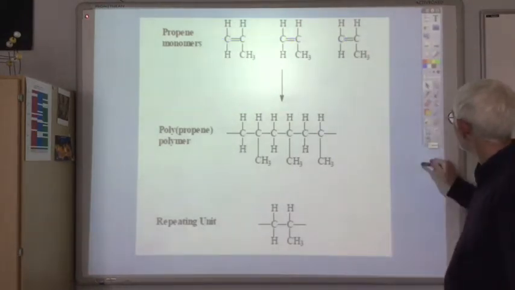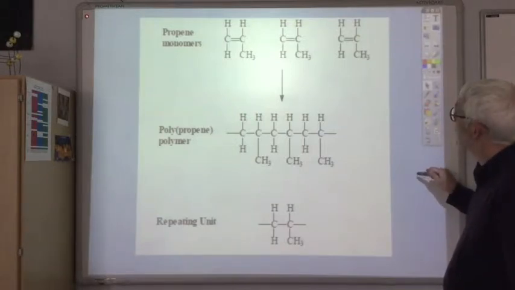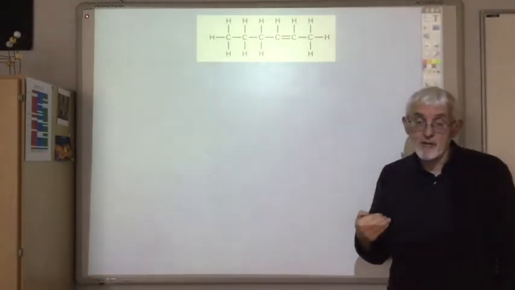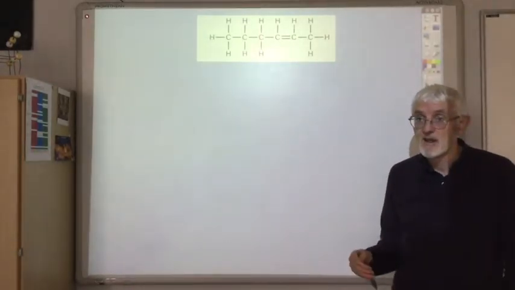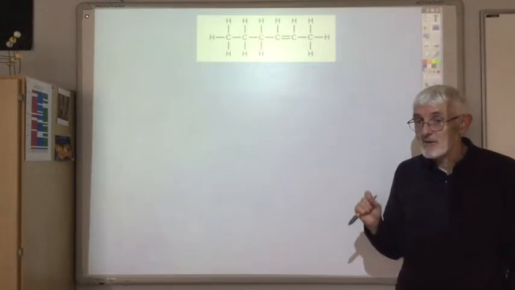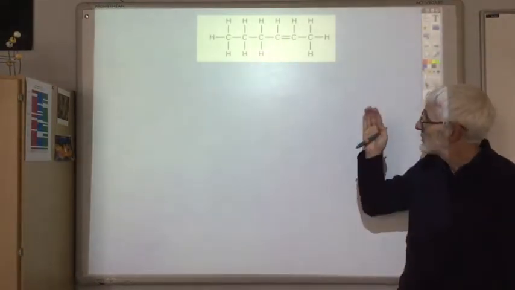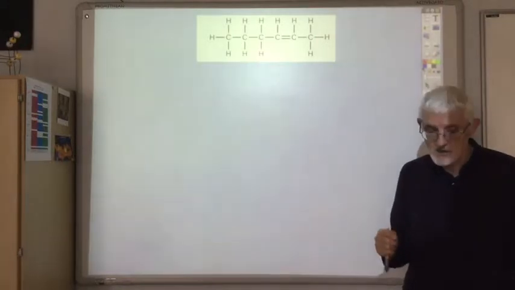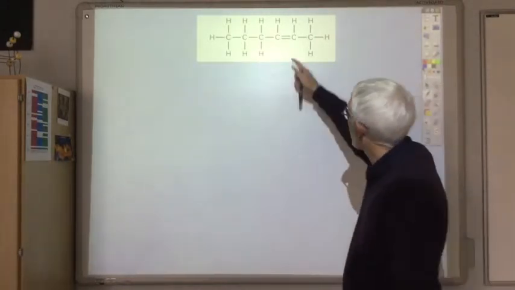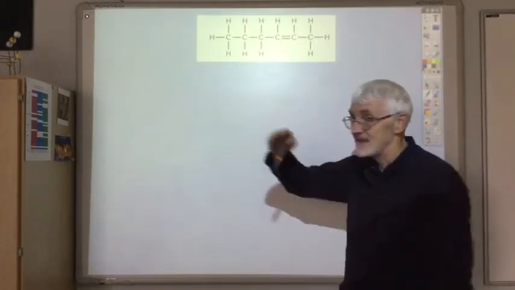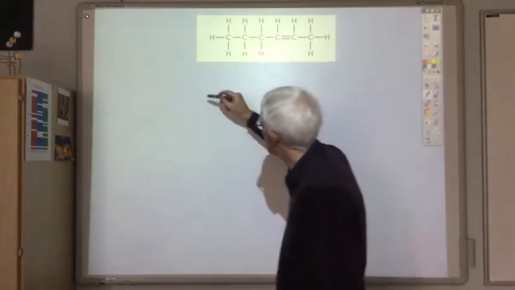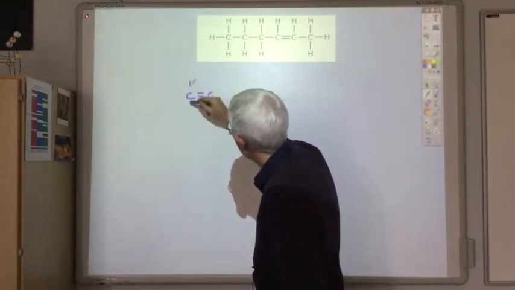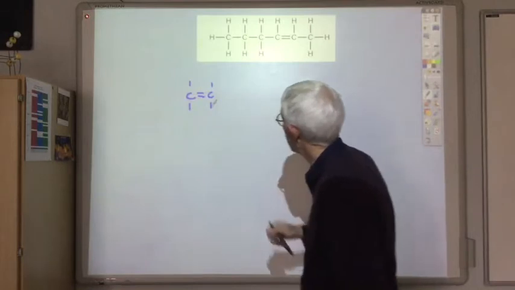Let's look at another example, one that looks slightly more complicated. Say we had to show 3 of these units being joined together. Now, the first and most important stage is to redraw that monomer in what I call the H formation, where the C double bond C is the central bar of the capital H. So we've got C double bond C. And then each carbon has 2 things hanging off it.